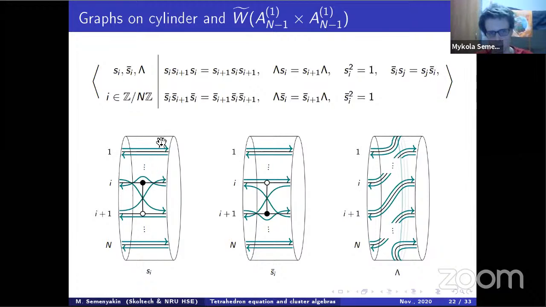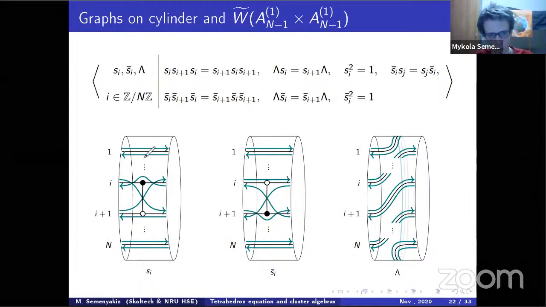And in fact, we have to extend this double Weyl group, which we discussed in previous slides, by 3 additional generators. The first generator is not drawn here, but it is a generator of this kind which connects opposite sides.